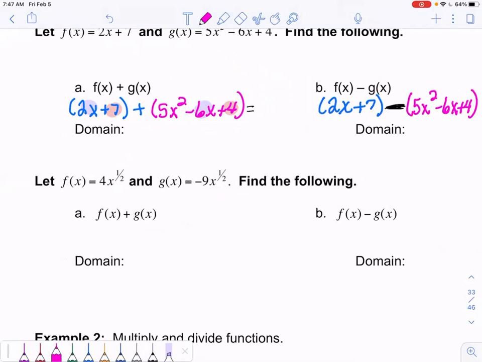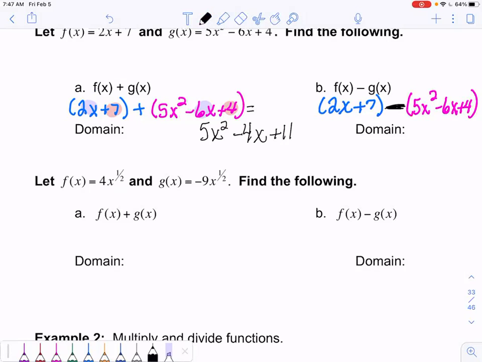So Cody, part A, what do you get for this 2x plus 7 function plus the second function 5x squared minus 6x plus 4? I got 5x. Perfect.